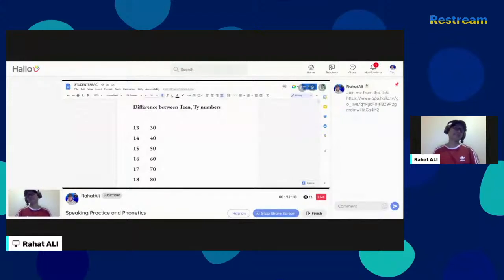This is the British pronunciation, but the Americans pronounce it like this. 13. Now, if you listen to it carefully, you'll be able to hear that in the British 13, there is no R sound. Look at this symbol, phonetic symbol or phonemes.